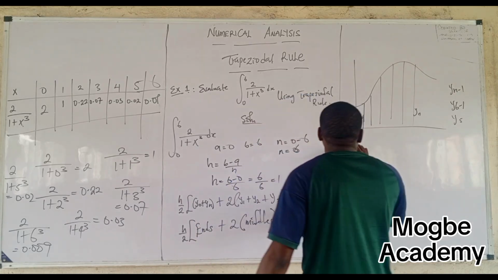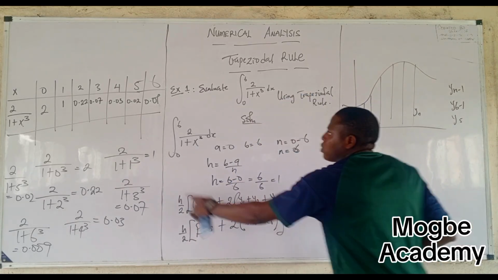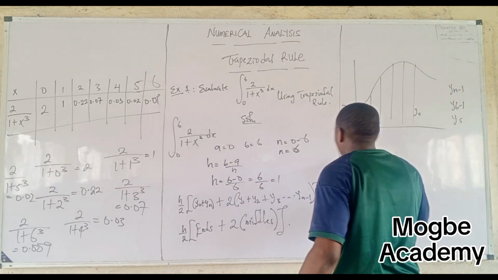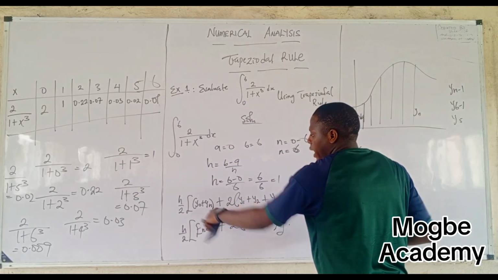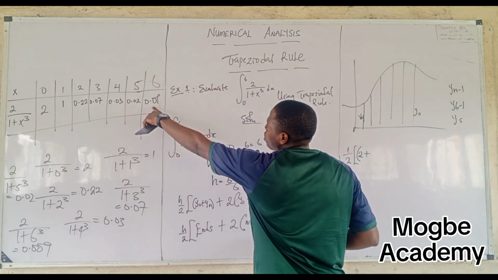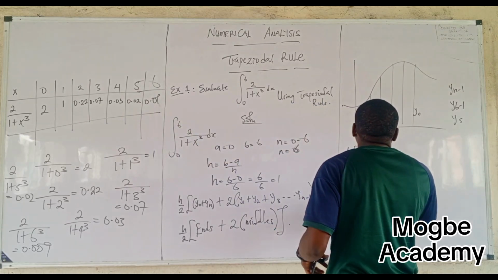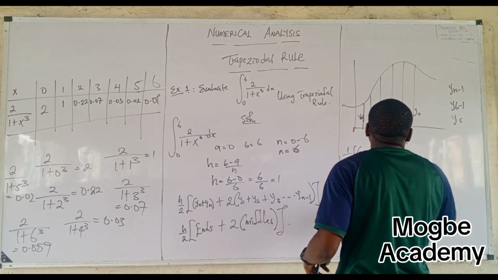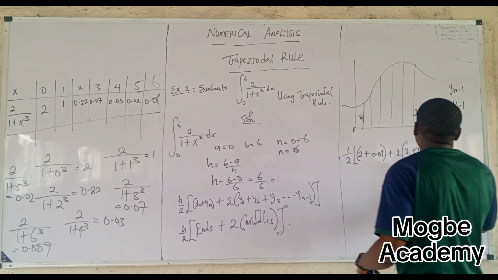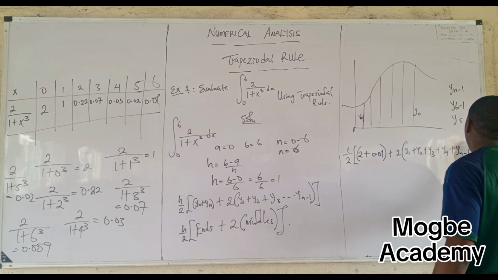You simply have 1 over 2 bracket y0. What's your y0? Your y0 is 2, plus the next thing, yn. In this case, yn is your y final, and your y final is y6. Are we together? So you have 0.01 plus 2 bracket y1 plus y2 plus y3 plus y4 plus yn minus 1.